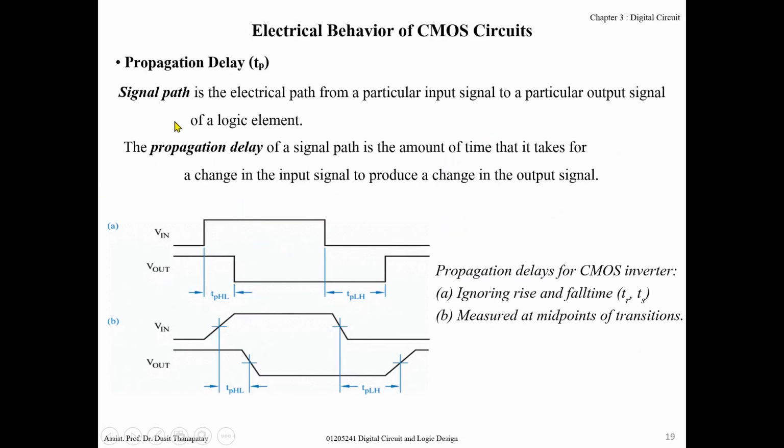And propagation delay means if you have some kind of circuit or logic gate, when your input changes, you must wait a little bit before the output changes. The input comes into the logic gate or circuit, and it takes time.